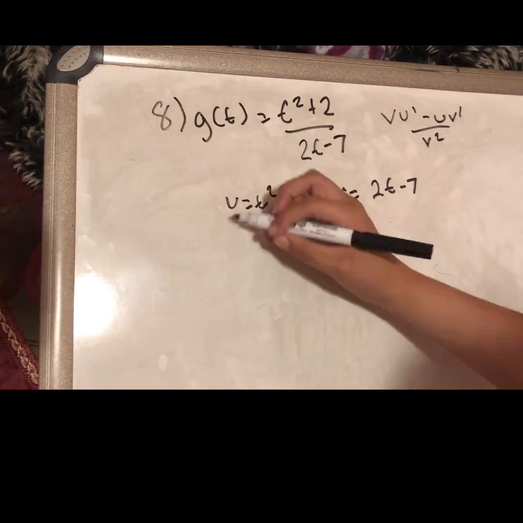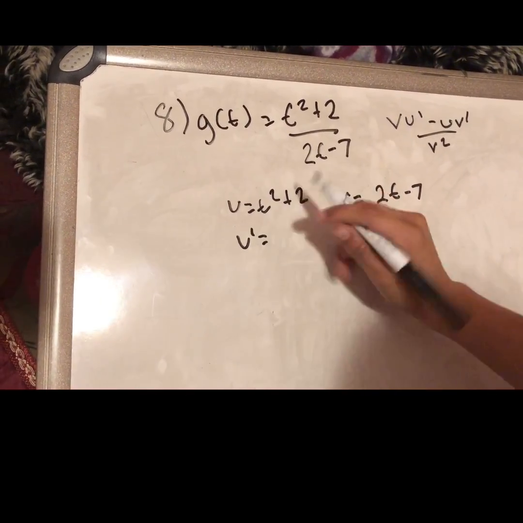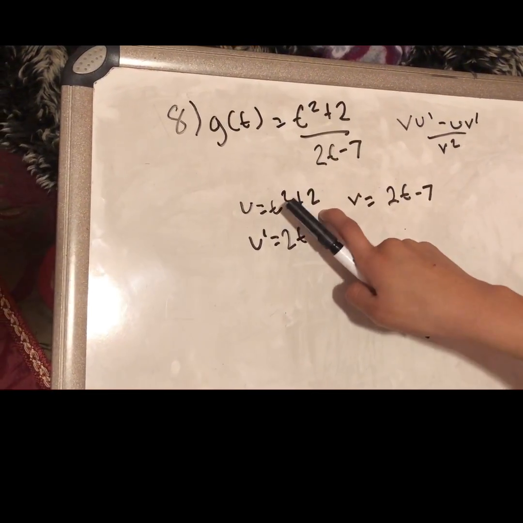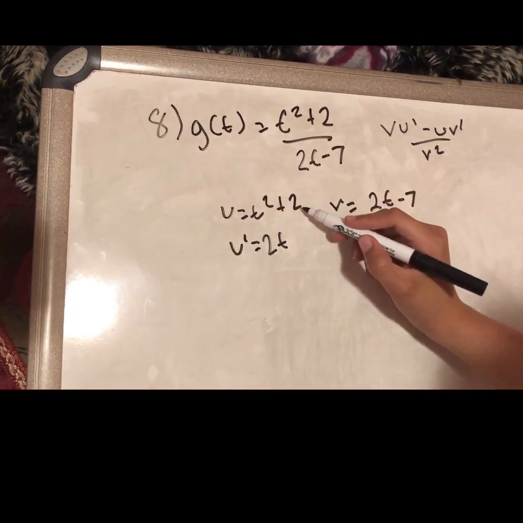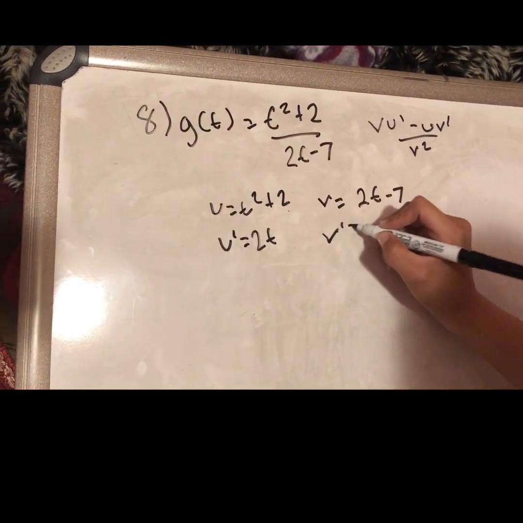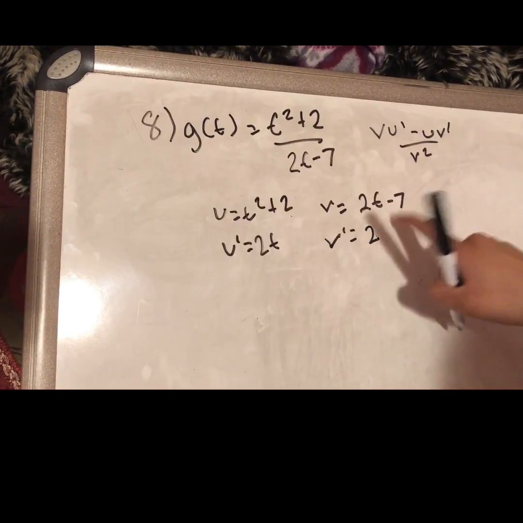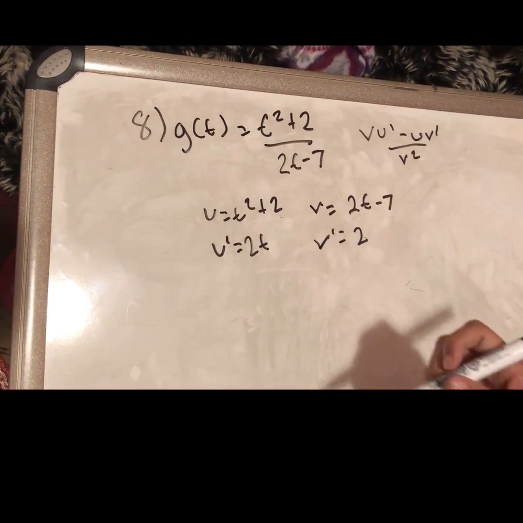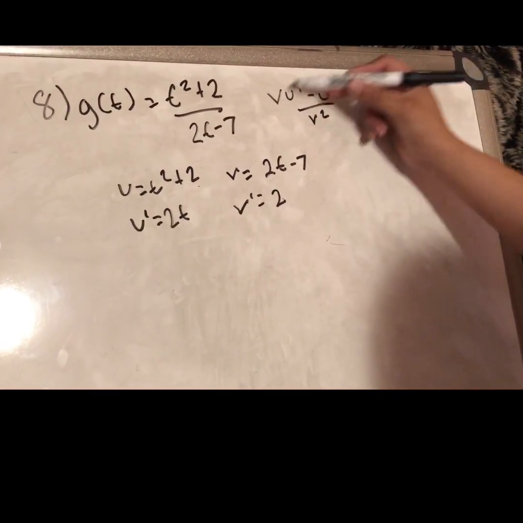So now you find the derivative of each, and u prime would be 2t, and there's no derivative for this since it's just a constant, so it would be 0, so you just leave it like that. And then for v prime it would be 2, and negative 7 is a constant, so then again it's a 0. So now you plug it into the formula.